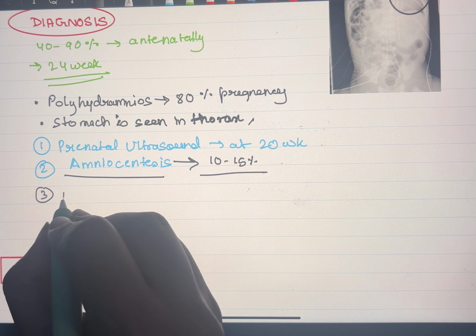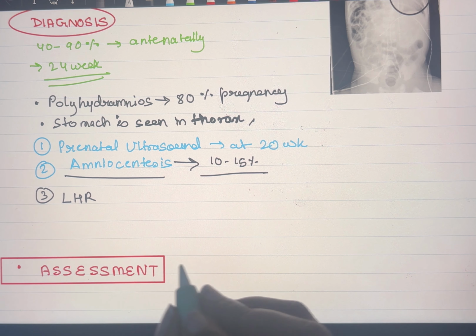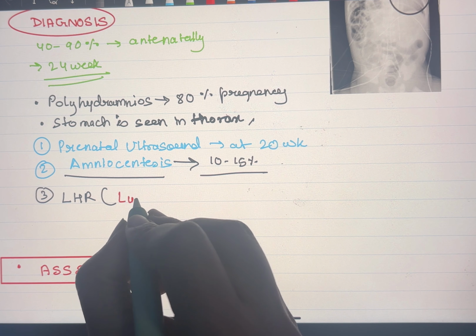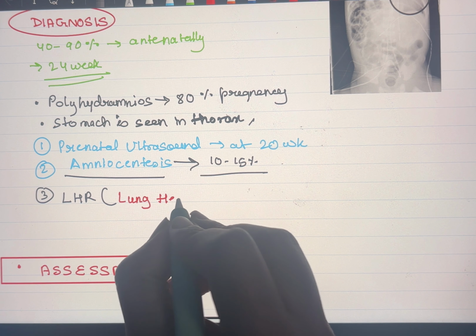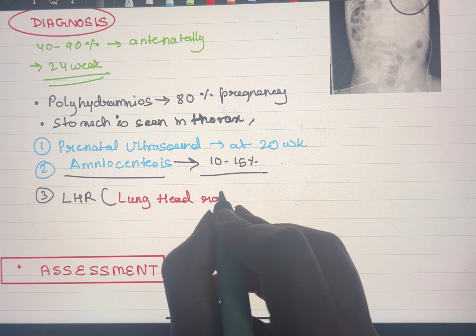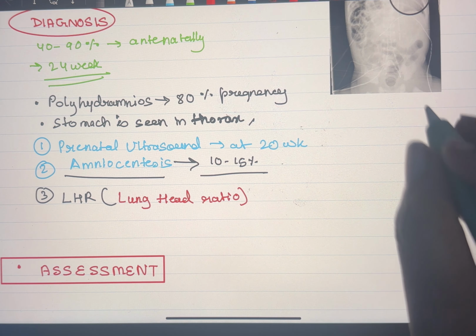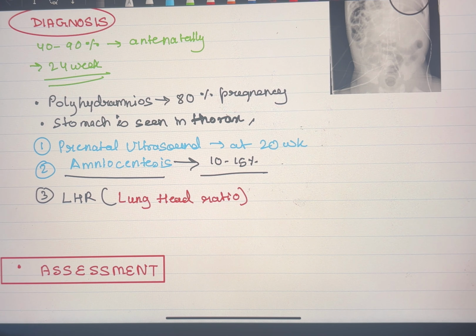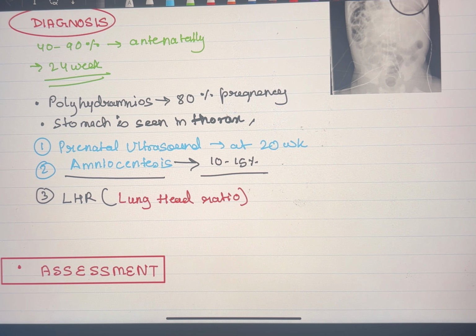Number three is important, that is LHR, lung head ratio. This is a prognostic marker for fetal lung hypoplasia, calculated using ultrasound.